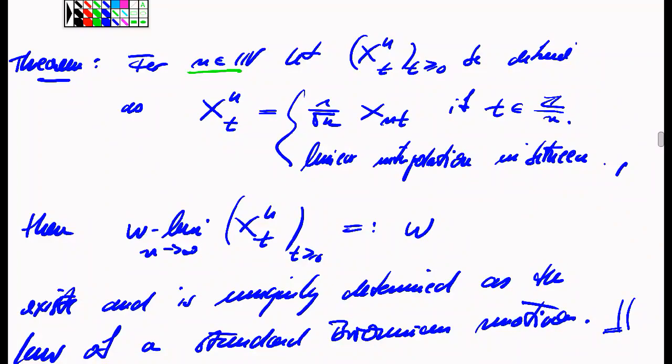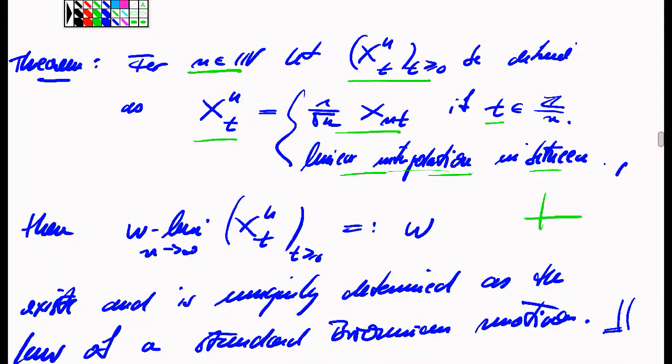So for each n in the integers, consider the stochastic process X^n with the upper index n, which is in continuous time, non-negative times. Namely, X^n(t) is 1 over square root of n times X_{nt}, so it's exactly this scaled random walk, whenever the time t at which you evaluate is a multiple of 1 over n, and in all other time points, we just take the linear interpolation.